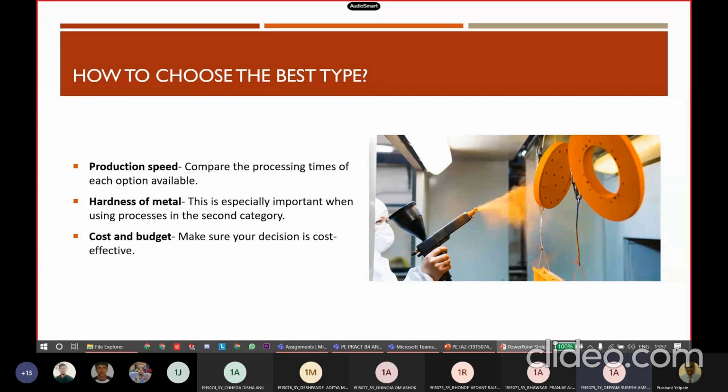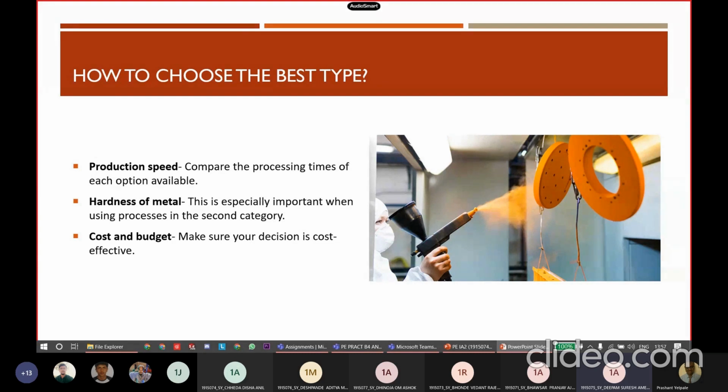Next comes the hardness of material. This is a very important aspect to keep in mind. The harder the metal you have, the more intense or stronger abrasive you will need. So you have to consider the hardness of the metal, and by considering that, decide which process to use for finishing.